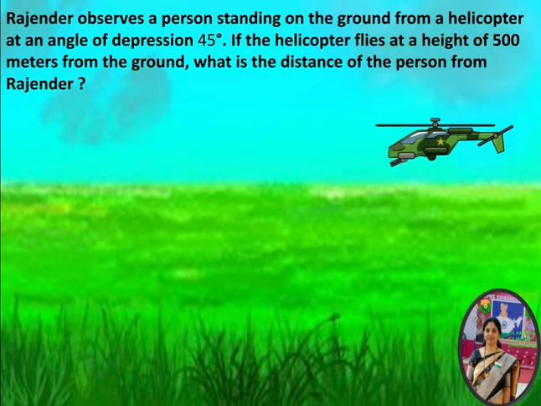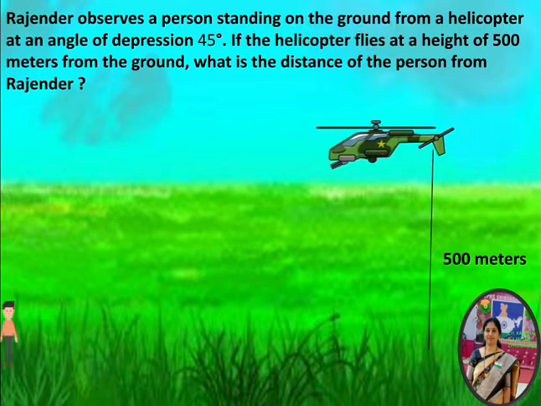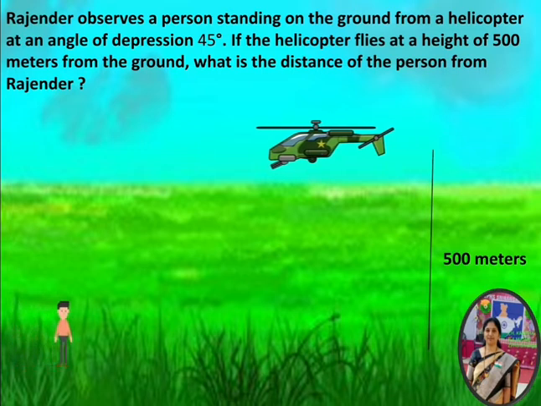So here from the ground, the height of the helicopter is 500 meters. Okay. And from this helicopter, Rajendra is observing a person standing on the ground. So when the helicopter is flying like this, he is observing this particular person.